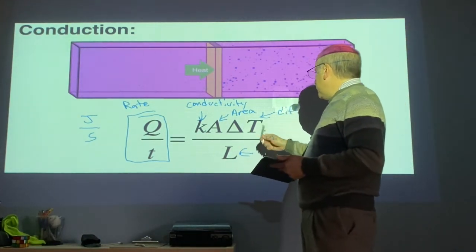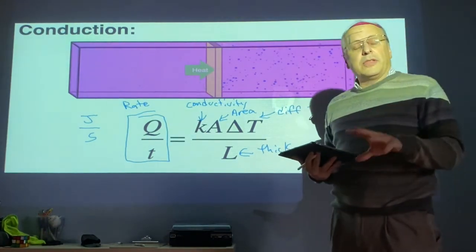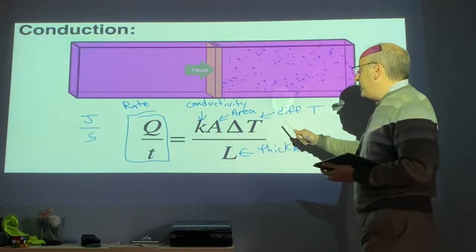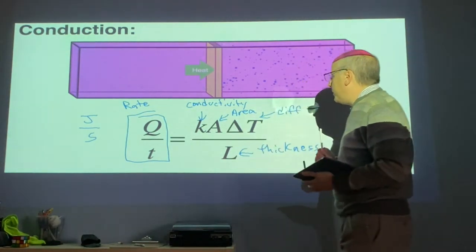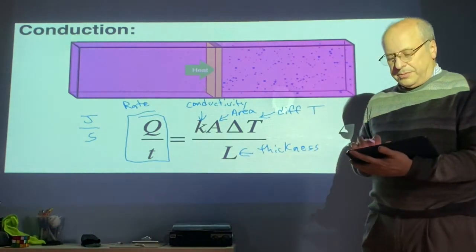The difference in temperature should be measured in Celsius. Remember, delta T could be Celsius or Kelvin. They're the same numbers, but Celsius is usually easier. The area should be in meters squared, and the thickness should be in meters.